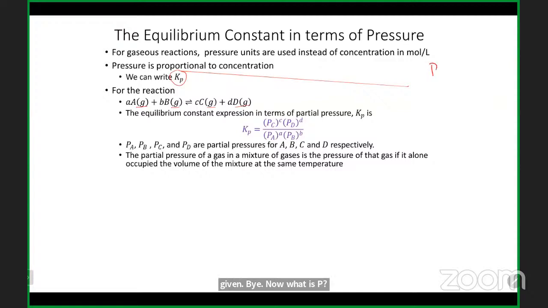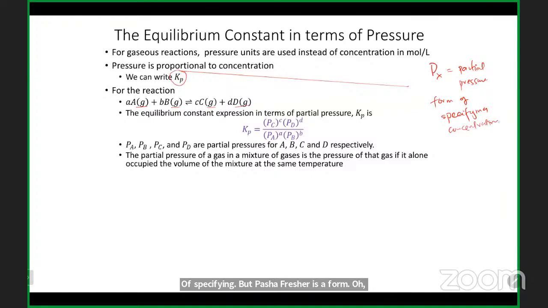The P of any substance, in this case, is the partial pressure of the substance, the partial pressure of a gas in a mixture of gases. Partial pressure is a form of specifying concentration.